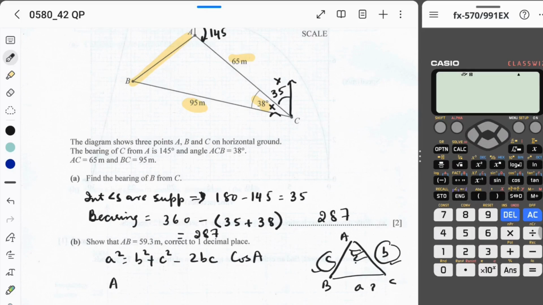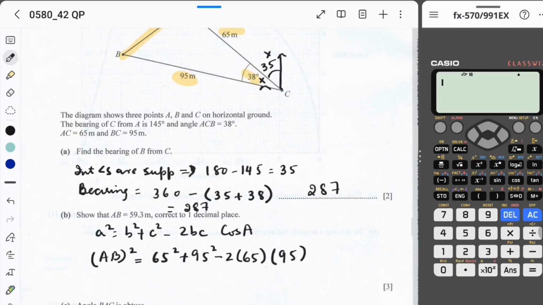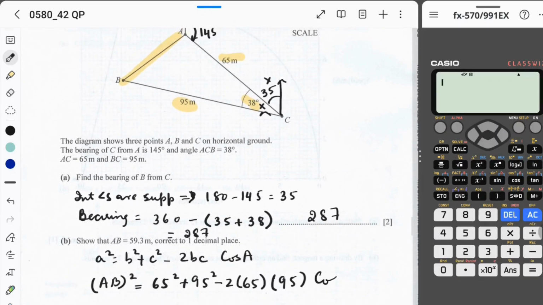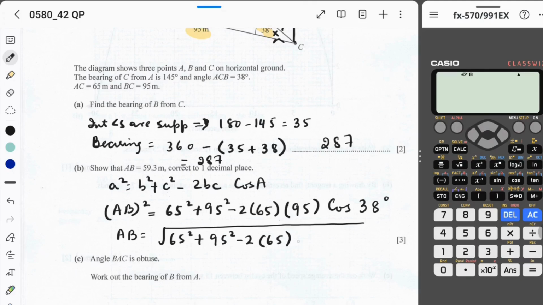So your AB side square is equal to 65 square plus 95 square minus 2 times 65 and 95 cos of 38 degrees, and this is a 3 marks question. You can find the numbers for each and every step, like what is 65 square, what is 95 square. I'm taking the square root of the whole thing and finding the answer.